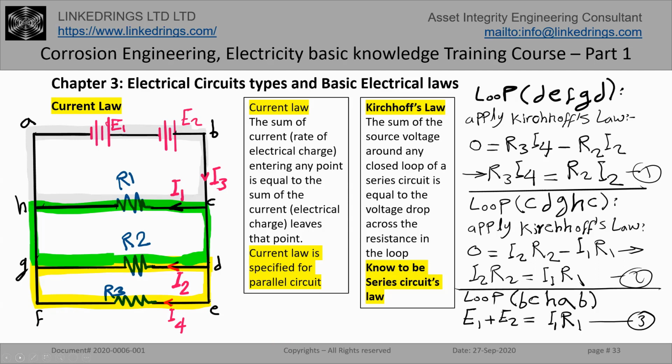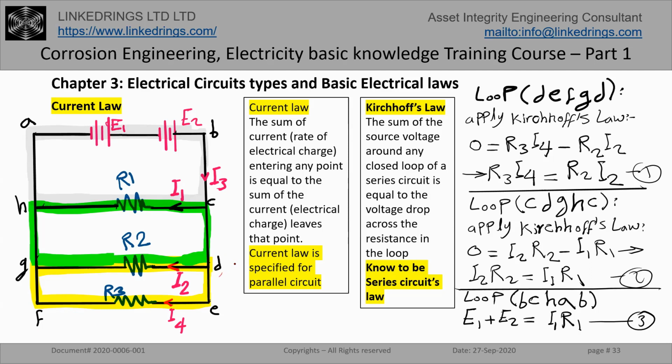Let's take the yellow closed loop. How do we name it? We call it D, E, F, G, D. Where we start, we must end.